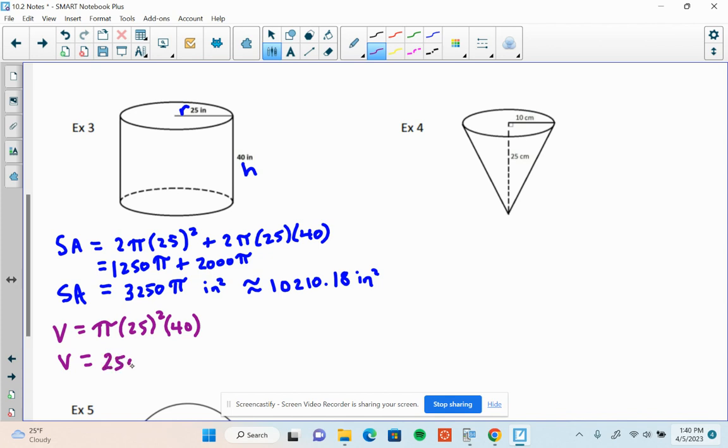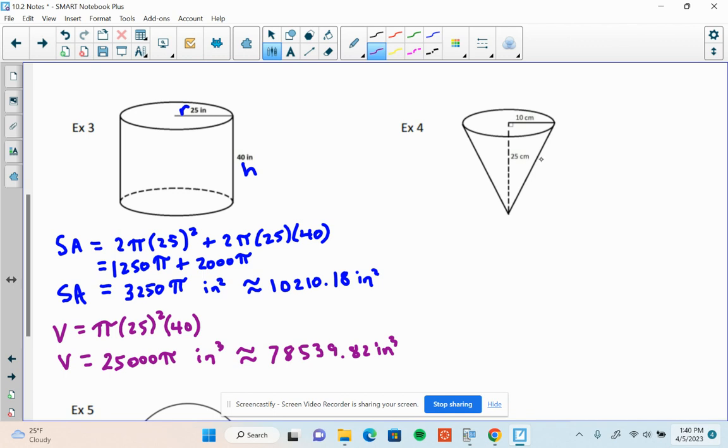So that's 25,000 times pi. And that's going to be, now we have cubic inches, or inches cubed. And that is approximately, so we'll grab our calculator. We'll do 25,000 times pi. That's going to be 78,539.82 cubic inches. All right, example 4.